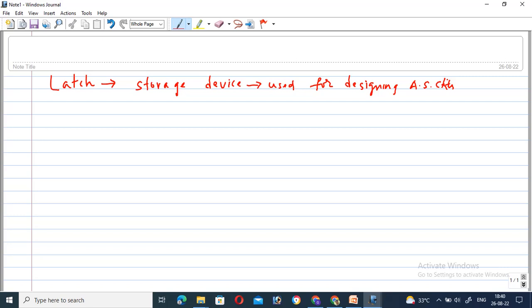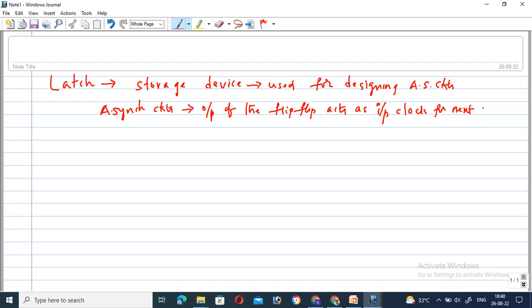what is meant by synchronous circuits? Asynchronous circuits means that the output of the flip flop acts as the input clock for the next flip flop.